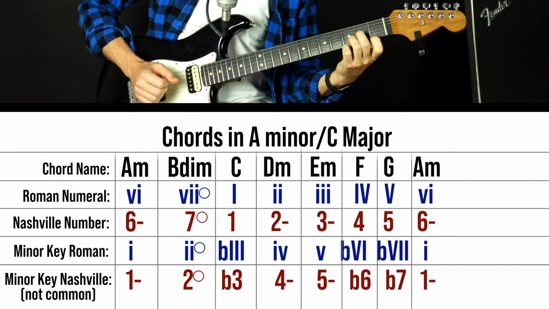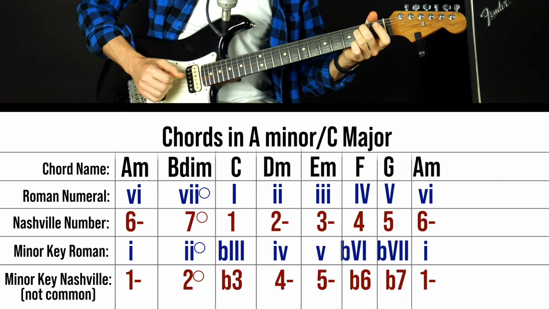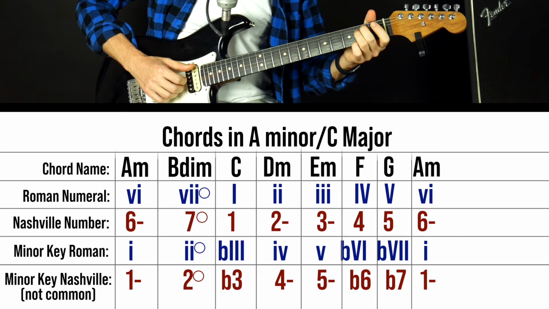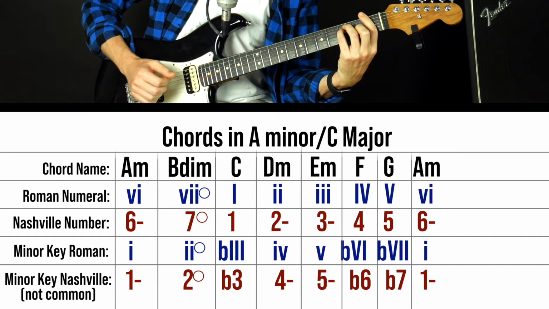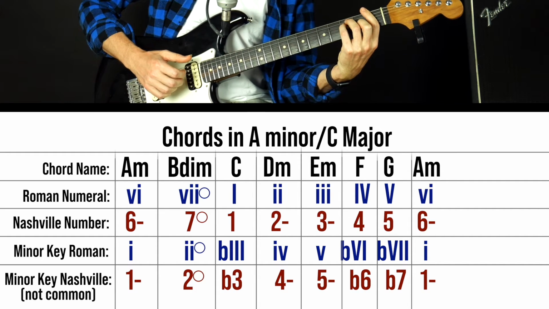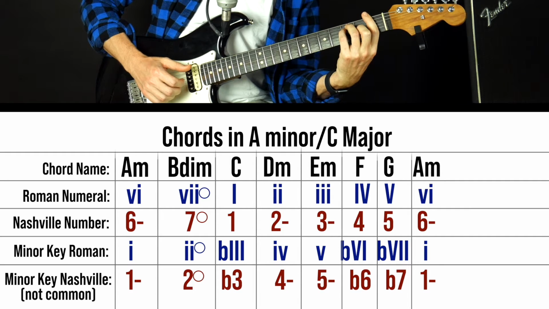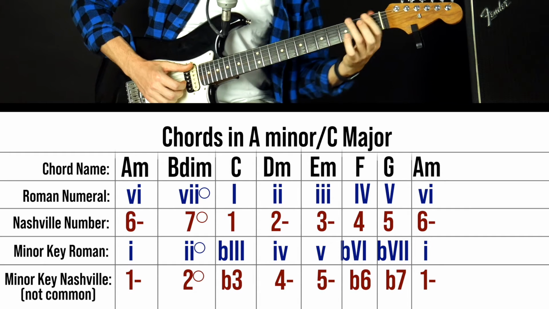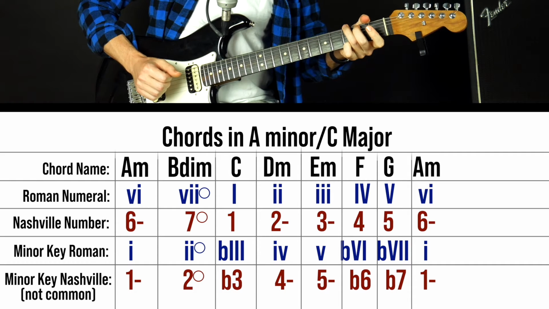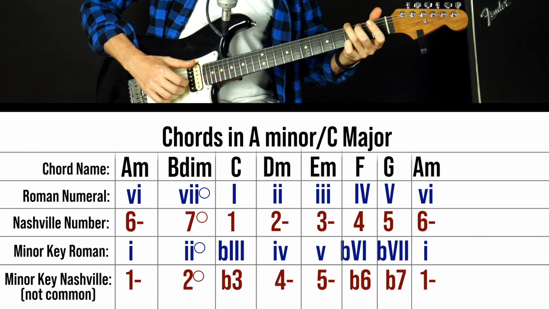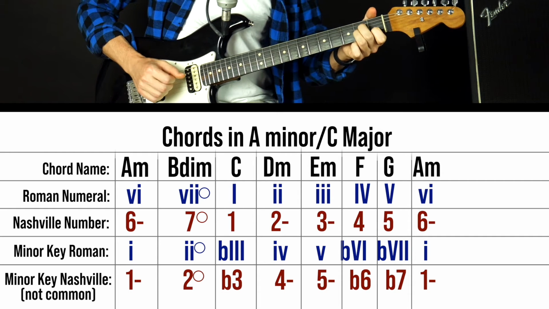4 minor, 5 minor, because these intervals are the same, perfect 4th, perfect 5th, flat 6 major, because the F is the interval of a minor 6th away from an A. So flat 6 major, flat 7 major, because the G is a minor 7th away from the A, back to 1.